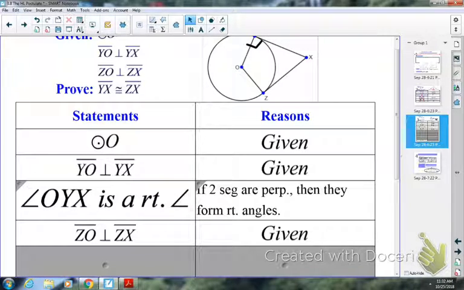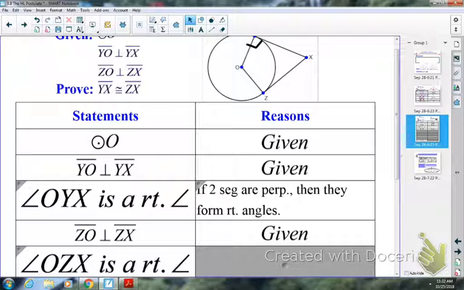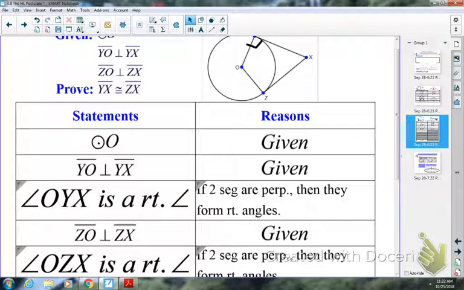Okay, now, other than you're having a circle as the given, the third part of the given was that segment ZO and segment ZX were perpendicular. So again, when you have perpendicular segments, you have right angles. So you should have angle Z, or with three letters, angle OZX, being a right angle. And my reason is the same as this one.